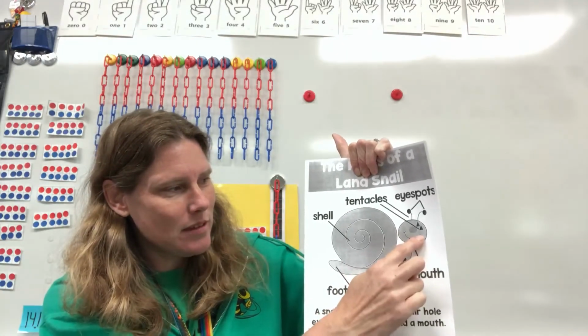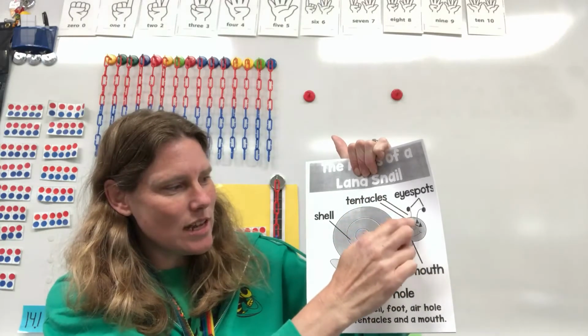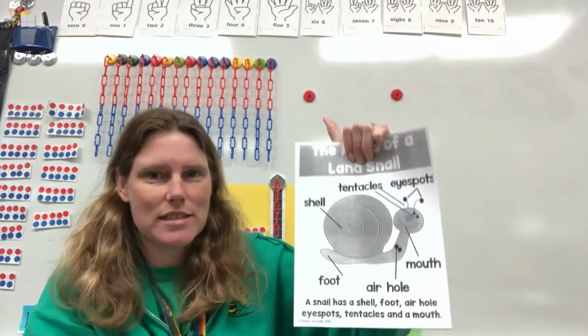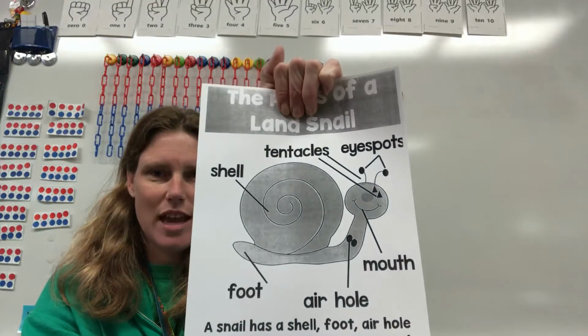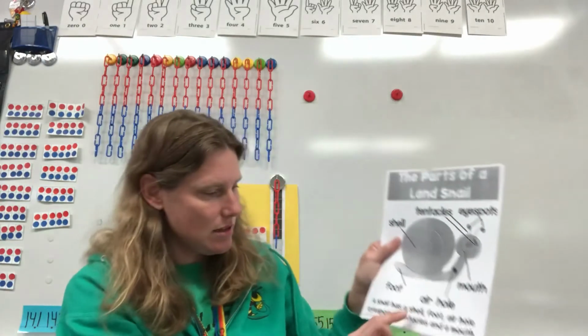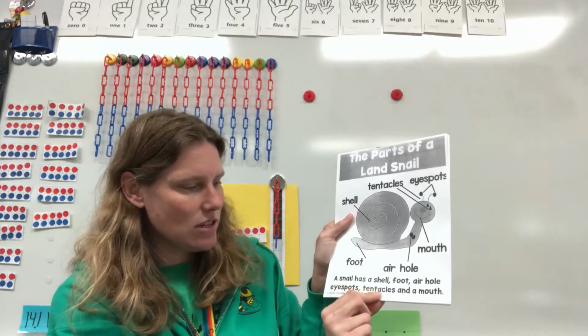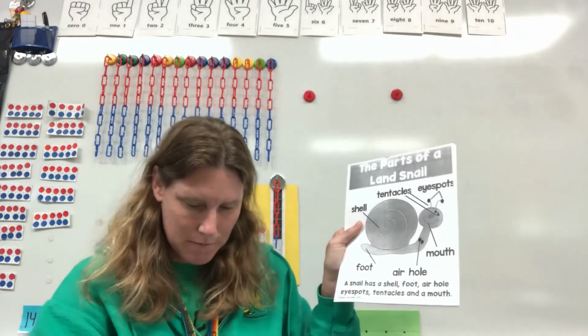Mouth. Tentacles, those are the tentacles, and the eye spots. Tentacles, eye spots. Okay, a snail has a shell, foot, air hole, eye spots, tentacles, and a mouth.